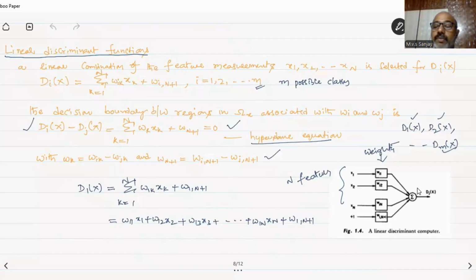We need to calculate d1 of x, d2 of x, and so on, dm of x, all m distinct discrimination functions. After calculating, we find the maximum discriminator, so the respective class can be confirmed for the given input features.